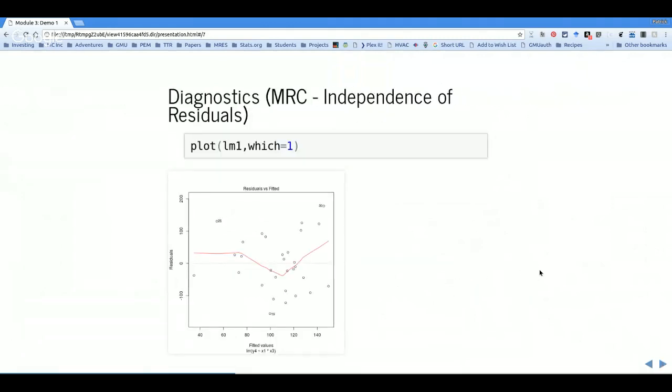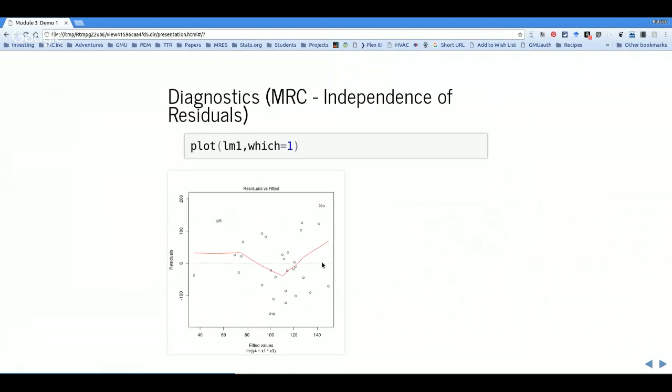Next, I want to look at the independence of residuals, and these are the actual fitted values. These are the y-hats, and if we take a look at the y-hats and the residuals, in general we shouldn't see a whole lot of relationship. But we have some observations that appear to be somewhat influential.